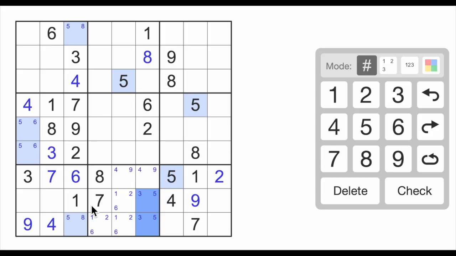And looking at this cell, it is blocked by 1 here, and also looking at box 7, this 2 blocks these, so 2 will be here or here. That means this cell cannot be 2, so this will be 6.